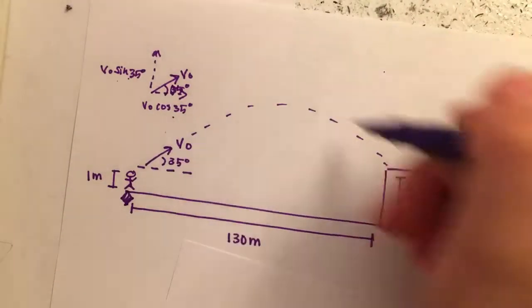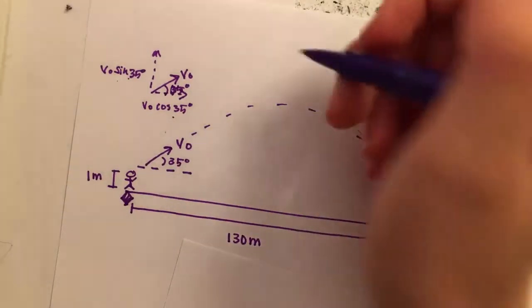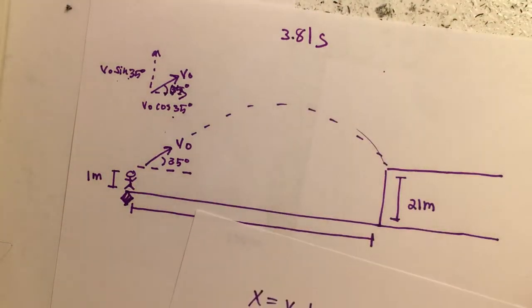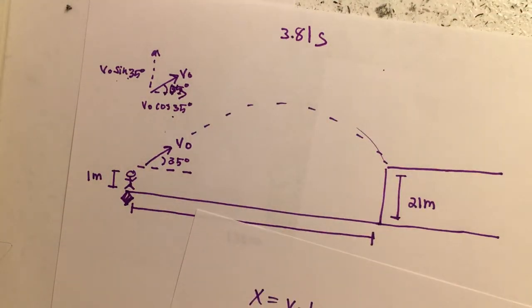So the whole time it travels is 3.81 seconds for the entire time. Alright, so part C is the velocity components and the speed of the ball when it passes over the top row.